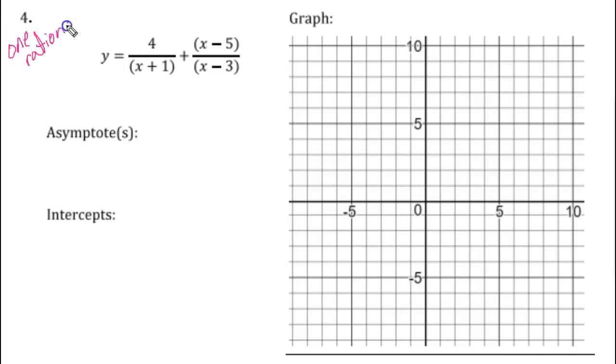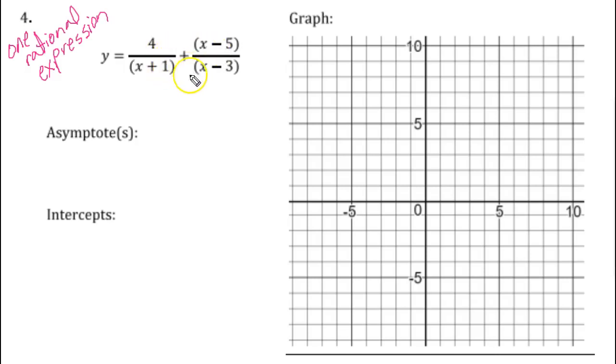So if there's something being added or subtracted, we are always going to have to do that operation to combine them into one rational expression. So this is addition. This is why we went over operations with rational expressions, because sometimes we need to actually combine the rational expressions to figure out what's going on with this function.